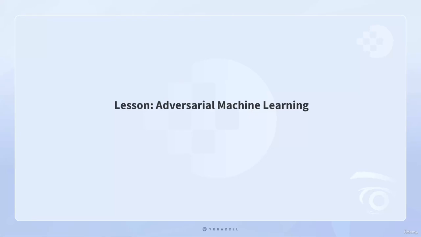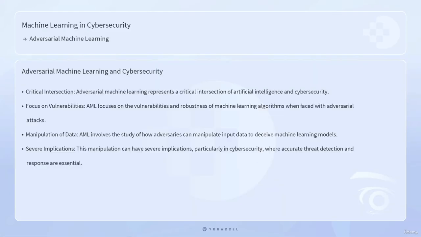Lesson: Adversarial Machine Learning. Adversarial machine learning represents a critical intersection of artificial intelligence and cybersecurity, focusing on the vulnerabilities and robustness of machine learning algorithms when faced with adversarial attacks. As machine learning models become integral to numerous applications, including cybersecurity, understanding their potential weaknesses and developing strategies to mitigate risks become paramount.